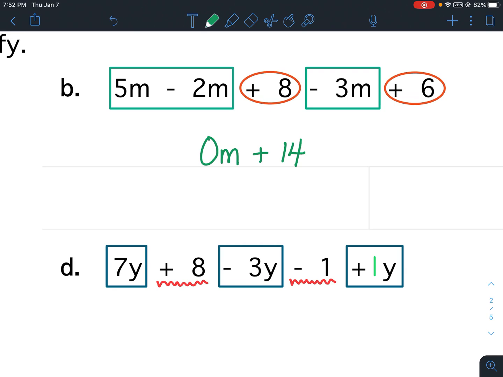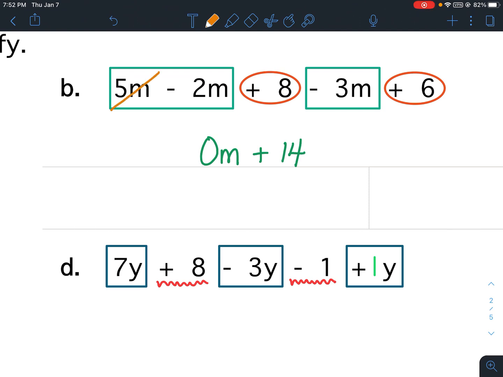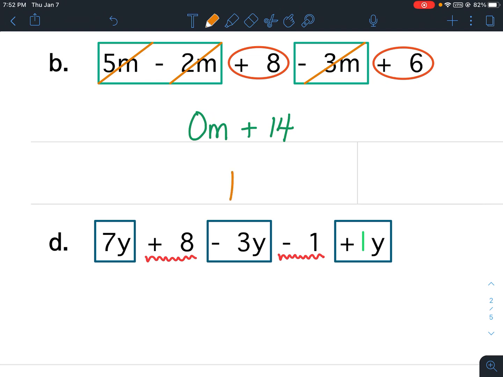When you have 0m, that means there are no m terms. A 0 in front of a variable means there are no m terms. In other words, what happened was these m terms all canceled out. So there is no m term left, and your constant of 14 is the only thing left.